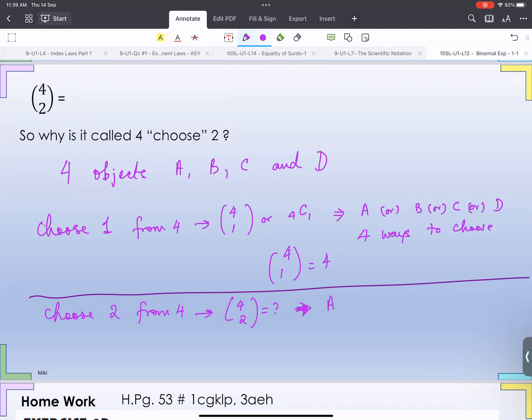I could choose AB, or AC, or AD, or BC. BA is the same as AB, right? Or I can choose BD, or CD.